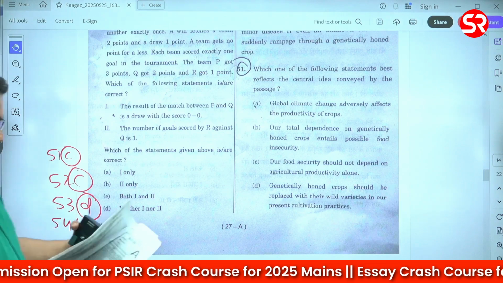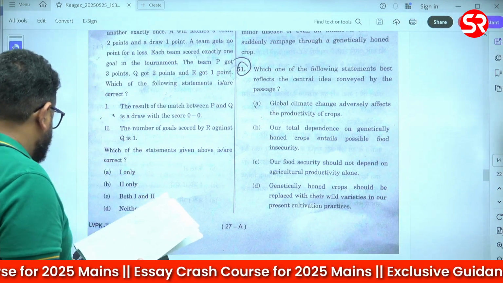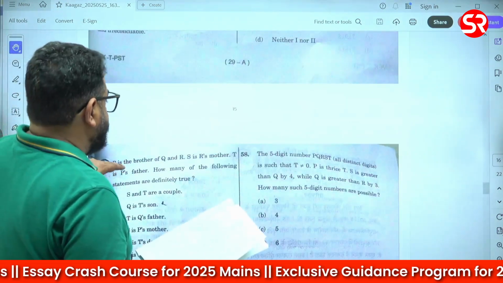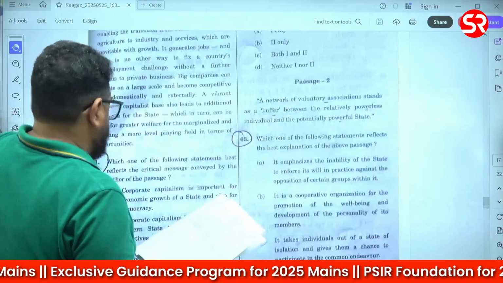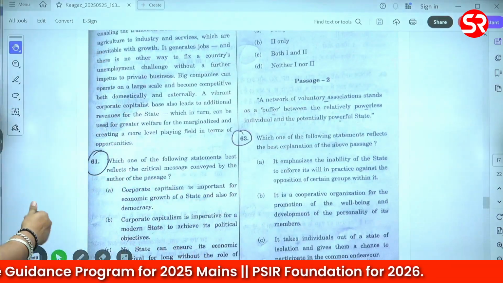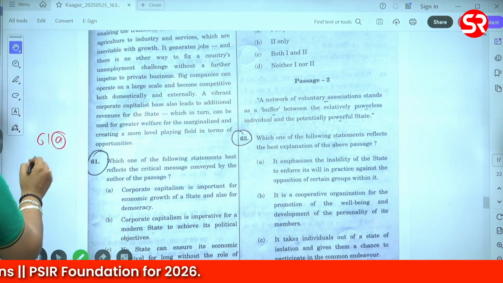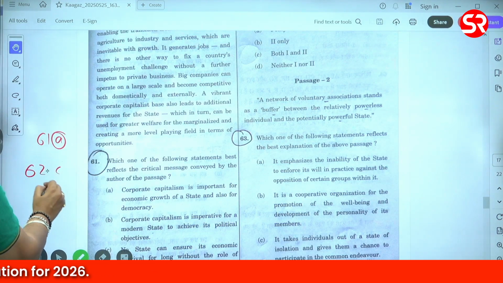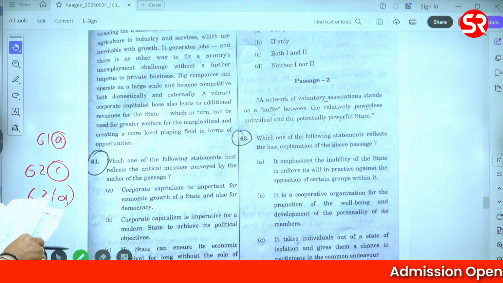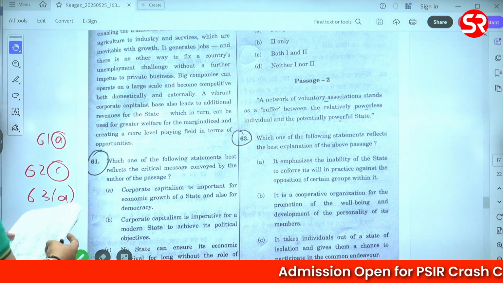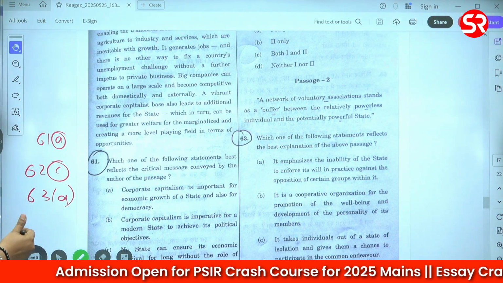All right. Then comes the next set. 61 is A. 62 is C. 63 is A. A C A, and here 64.